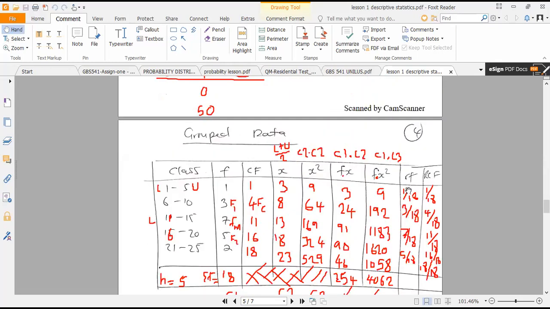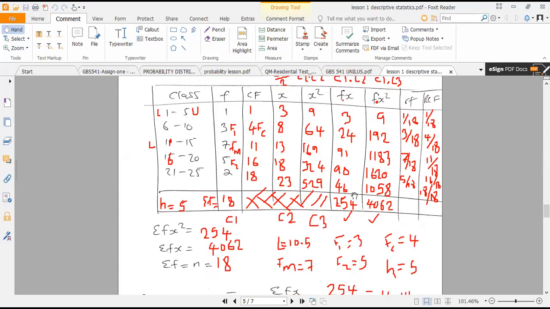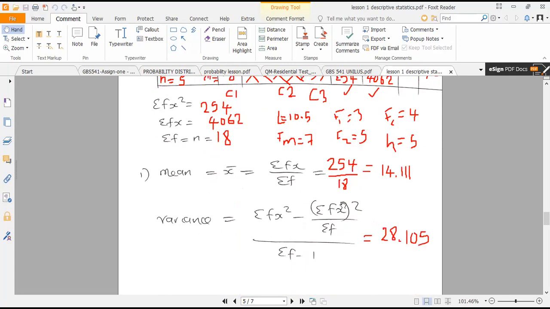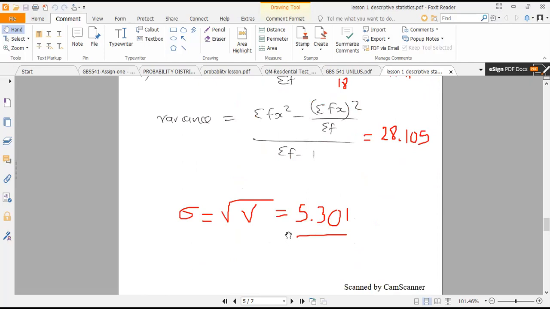Like I said, since you have the totals here, you simply substitute. The standard deviation is simply the square root of the variance.